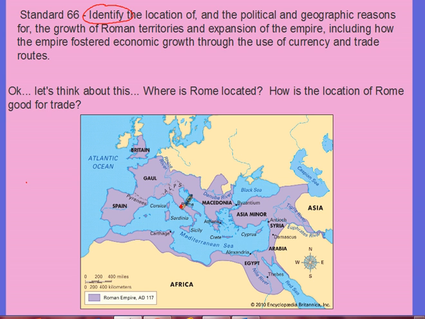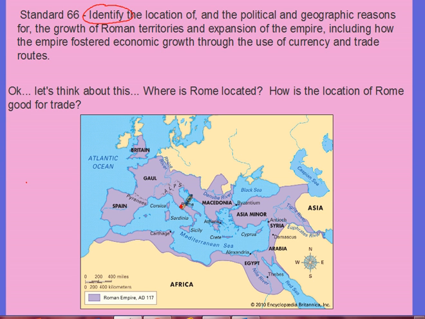Okay. East, north, west, south, middle of Italy. What would you say? Middle. About the middle, right? So basically, we could say Rome is located on the western shore of Italy. It's on the western shore in the center of Italy.